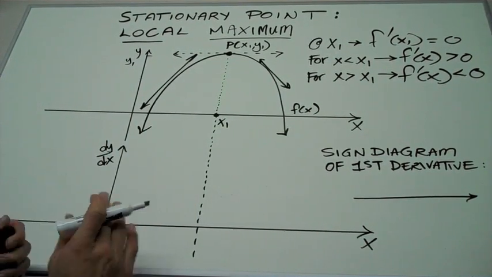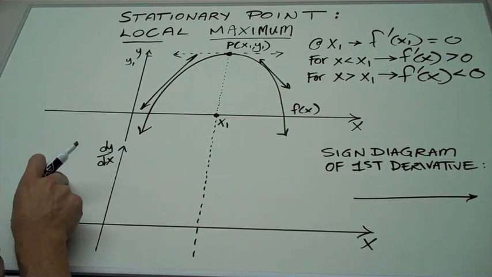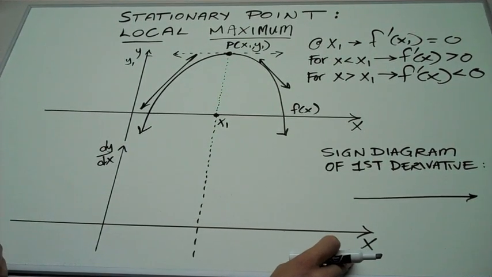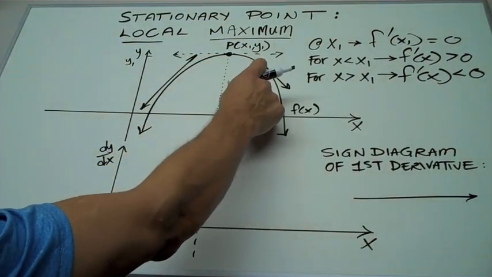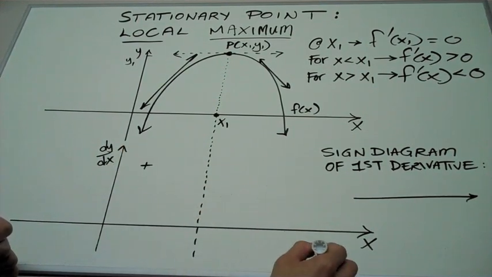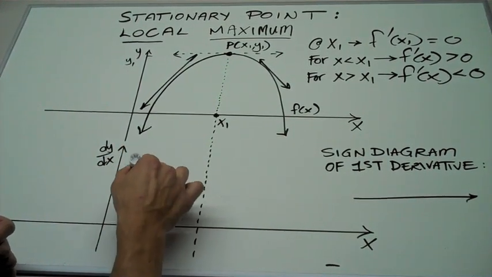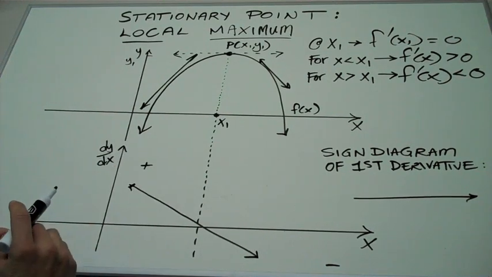Well, what does this mean for our new set of axes, which is dy dx? That's the derivative versus x. Our derivatives are positive to 0 to negative. So we can see that a line like this is a good representation of what's happening to the slopes of our tangents, the derivative.